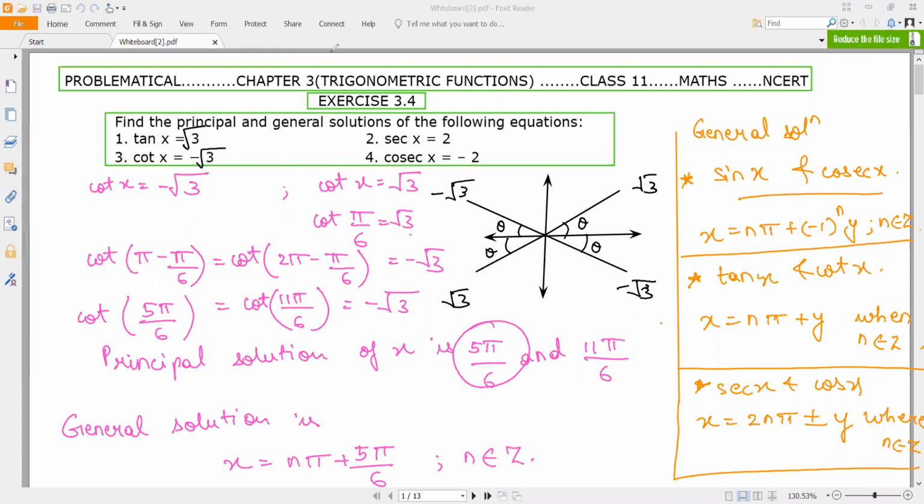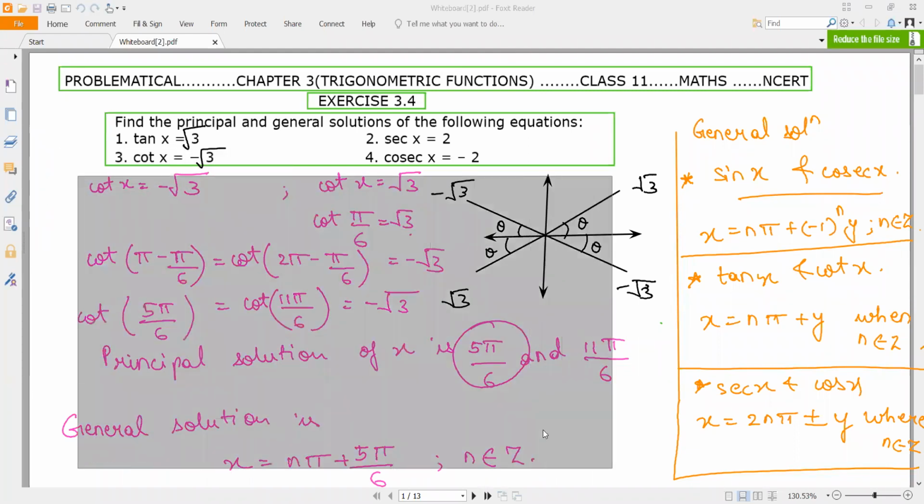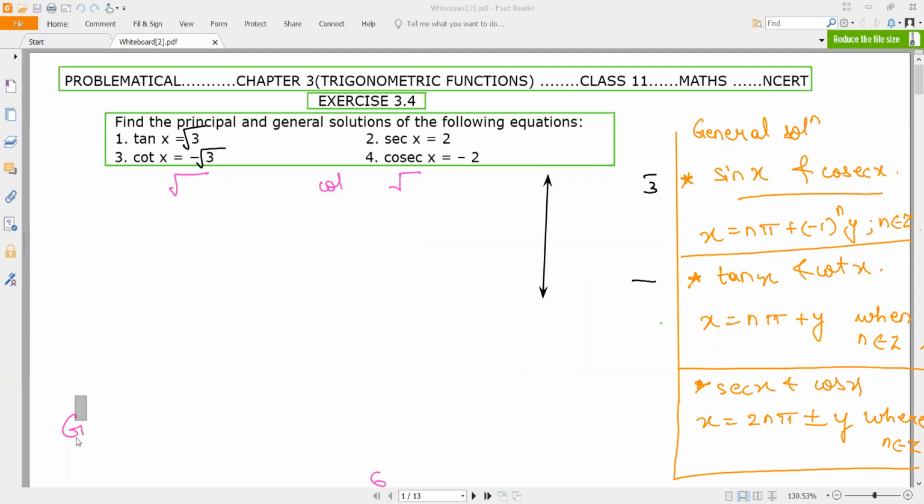Next, cosec x equals minus 2. Now, cosec x is negative in the third and the fourth quadrant.